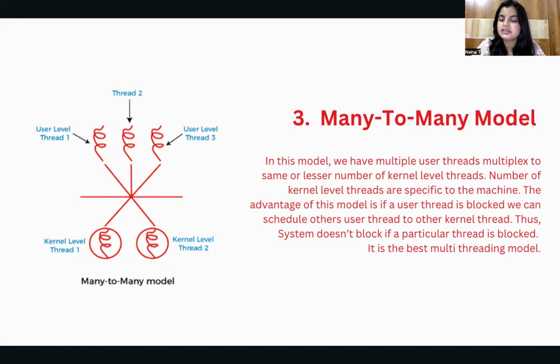The number of kernel level threads is specific to the machine. The advantage of this model is if a user thread is blocked, we can schedule other user threads to another kernel thread. That is what we have in this many to many model.